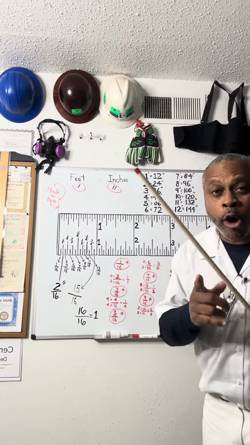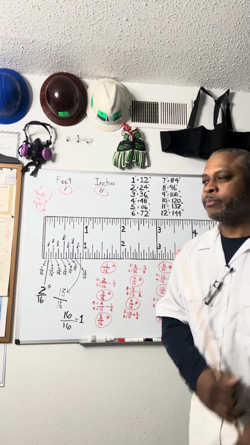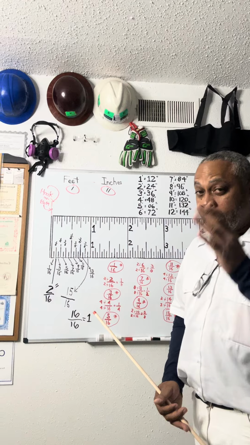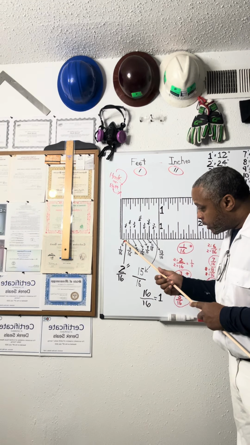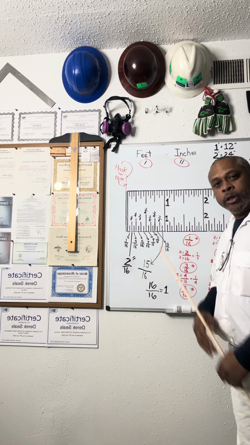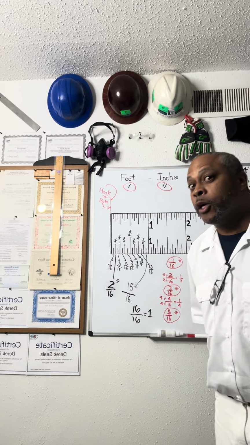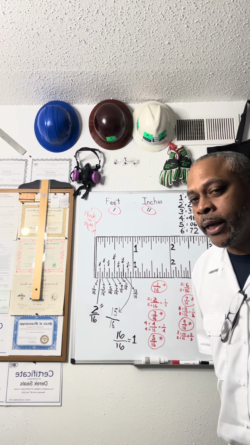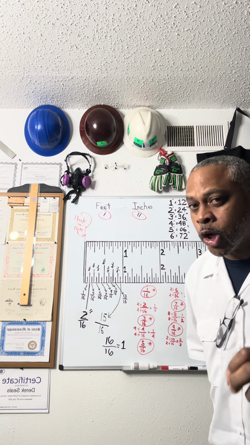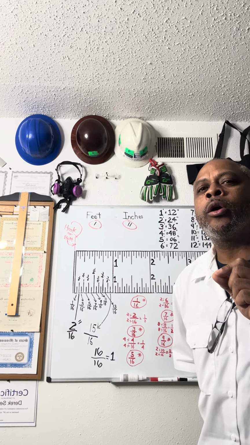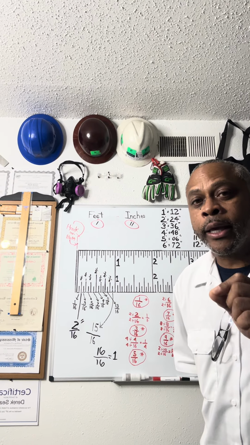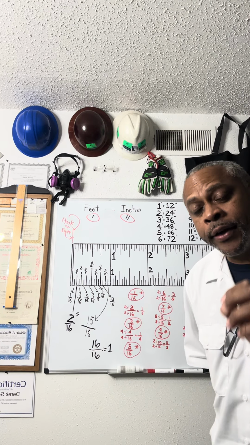When you get into finished carpentry and cabinetry, you go to not 1/16, but 1/32, 1/64 of an inch, the measurements that they like to call out, because you're dealing with cabinetry and finished products.